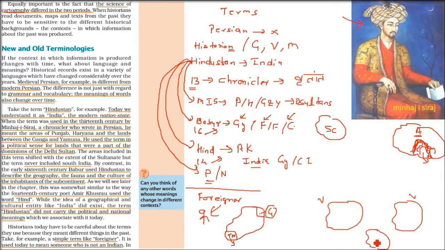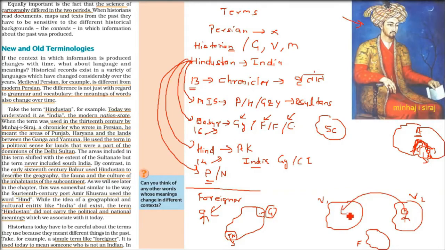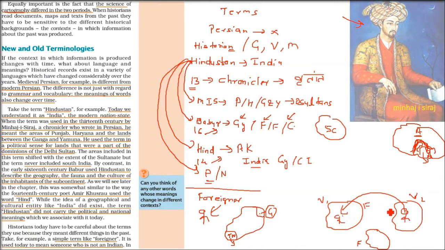But I am talking about that era, in the past. What did foreigner mean? See, if we have one village, and another person comes to this village, that person is a foreigner for this village, a Pardesi, an Ajnabi.